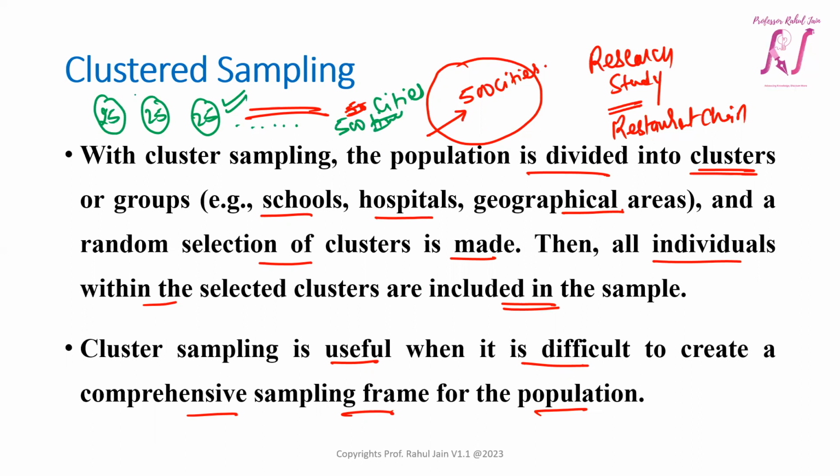The chance of selection of any cluster is equal here also, because we are using a probabilistic method. So randomly we can choose some set of clusters of cities, right?